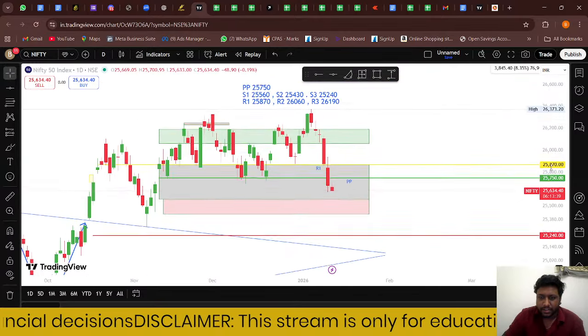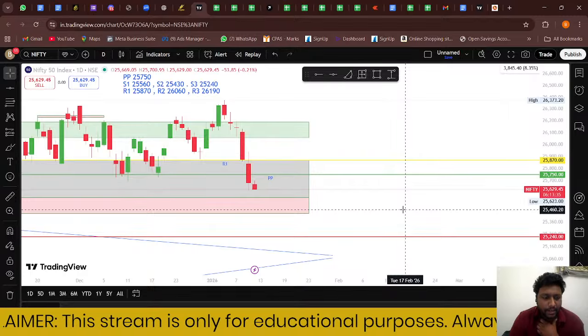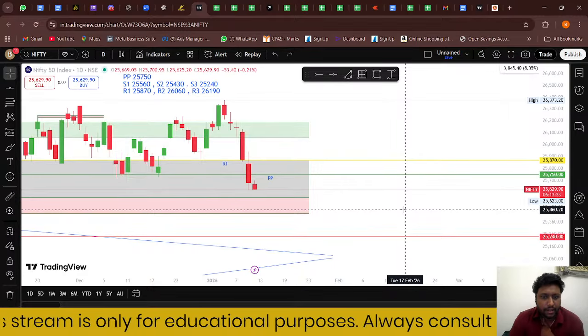So it opened, and it is dragging down. We'll wait for the first initial settlement to happen, and after that we'll plan a trade.